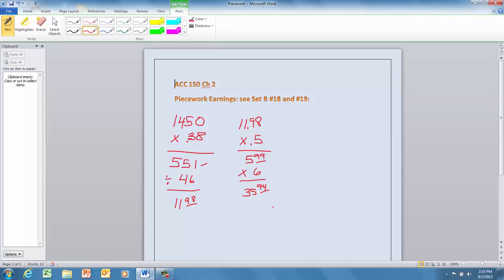Now, to get the total gross wages, we're going to take the amount of dollars he's getting for the pieces, which was the $551. Then we're going to add the overtime for the 6 hours of overtime.